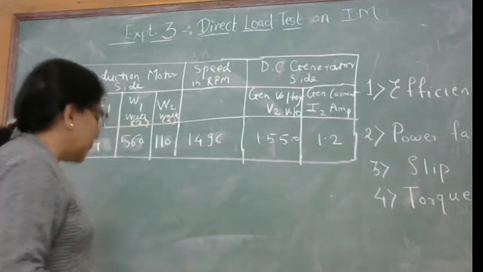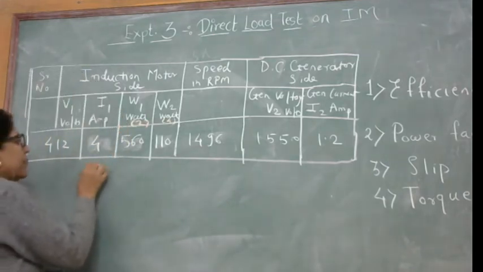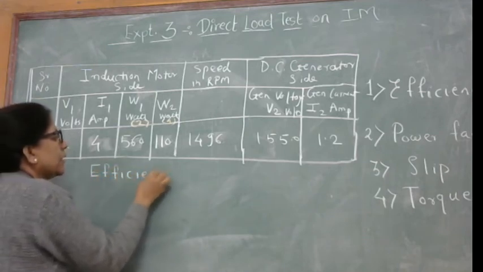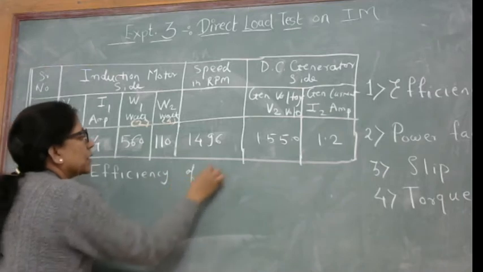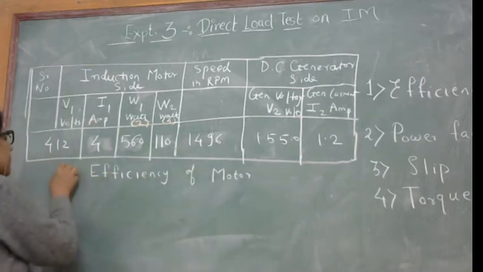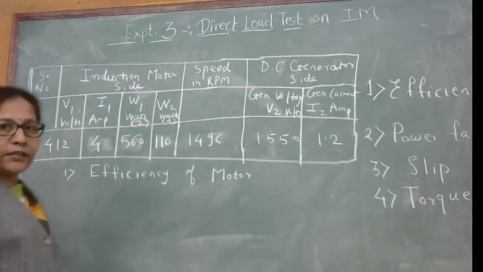So first thing, we will see the calculation for efficiency of motor. Now in this case we are using the load test, and by performing the load test, what concept we have used?